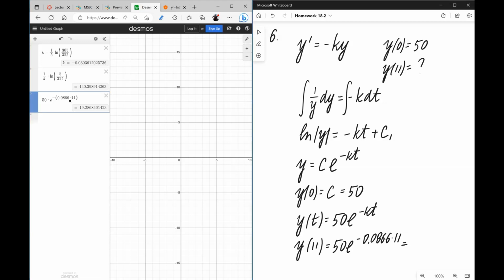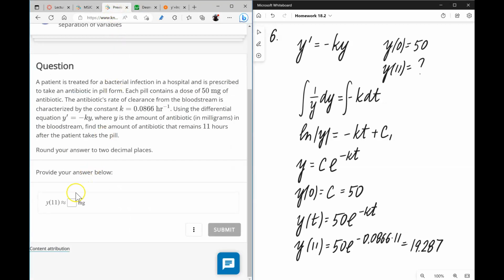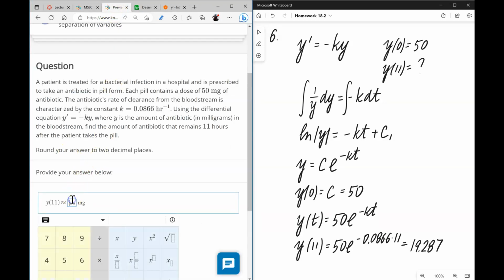So the answer is 19.287. And the question was to round the answer to 2 decimals, so 19.29.